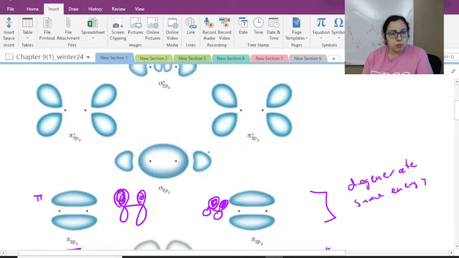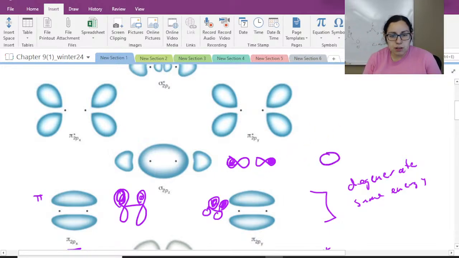Then this one is now our in-phase bonding. This would be pz, going this way, and they are in phase. Sometimes we could draw them normally, like this. Remember, p orbitals have one shaded and one unshaded side, so the two unshaded are coming together.